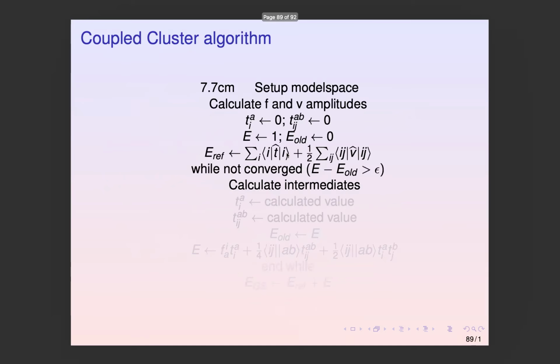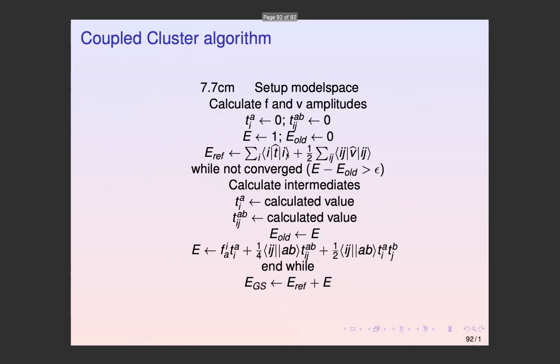So basically, if we set up the algorithm, you would set up a model space with the single-particle states. You would calculate the V elements and the amplitudes, store them, and initialize the amplitudes. Then you have an algorithm where you keep updating the terms. While it's not converged, like you saw with the program for the CCD equations, you set up a convergence criterion, calculate the intermediate values, update the amplitudes, and then calculate the new energy.